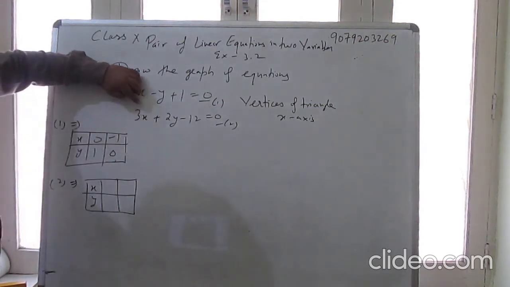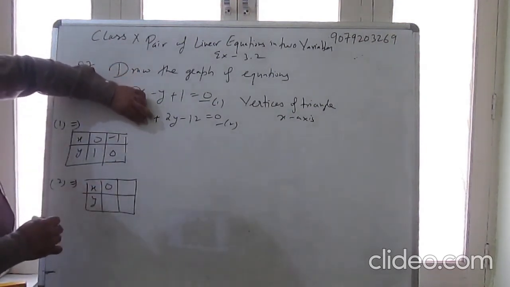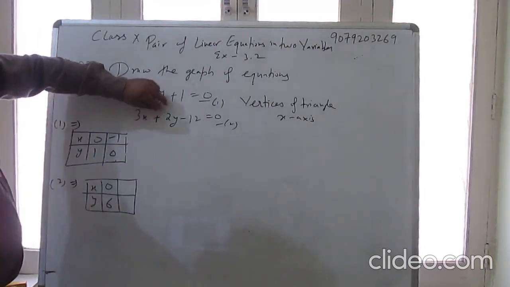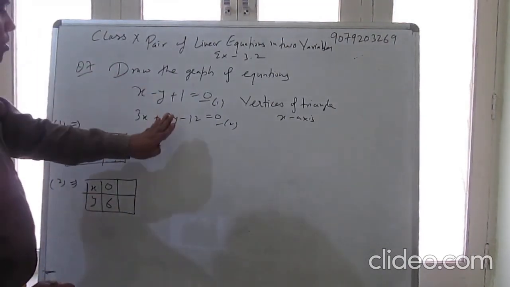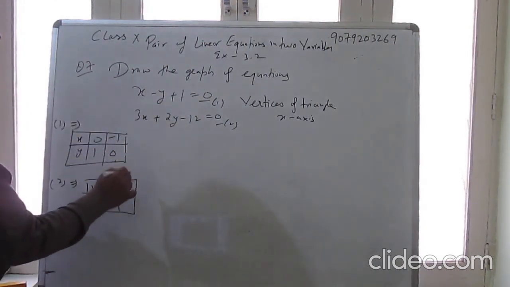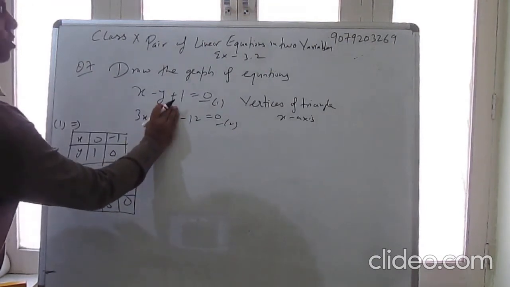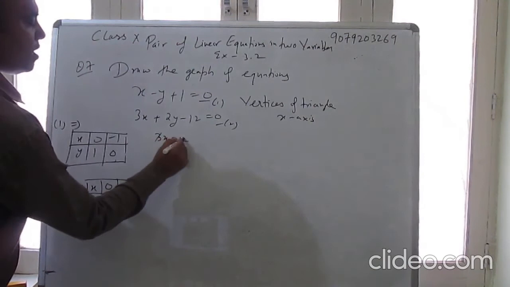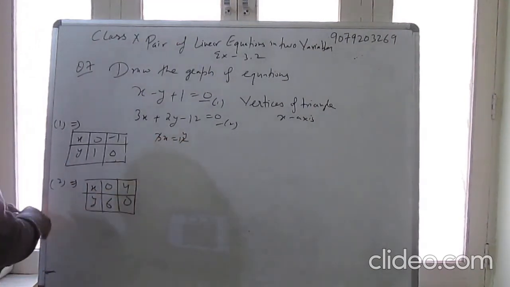If I take x as 0, y becomes 6. If I take y as 0, 3x is equal to 12, so x is equal to 4.